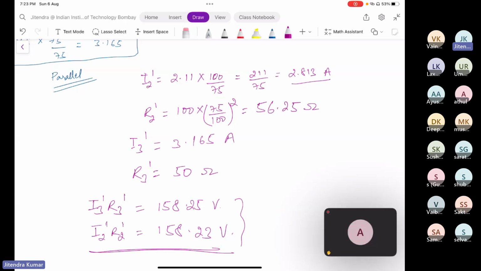Since it is an ideal transformer, the power consumed by the load will be equal to the power delivered by the source. There will be no power loss. So its final answer is 946.07 watt. That's okay, sir. 946.07 watt. Yeah, it should be that value, point 07.